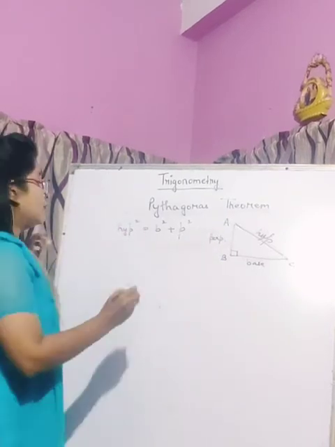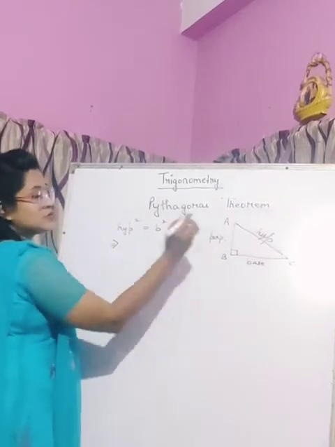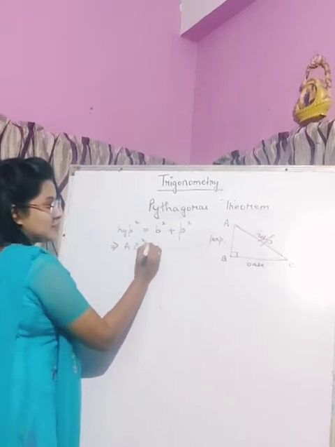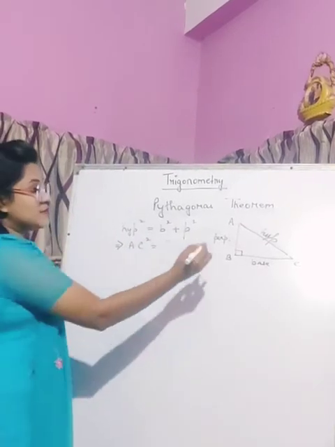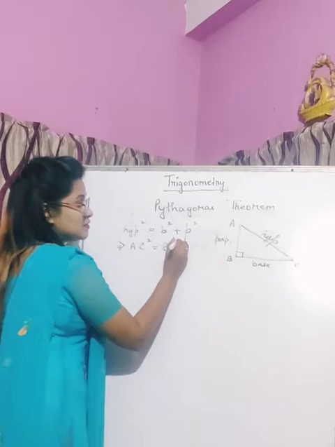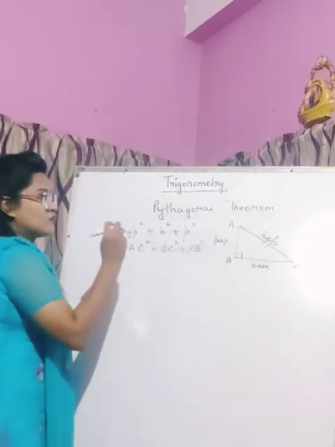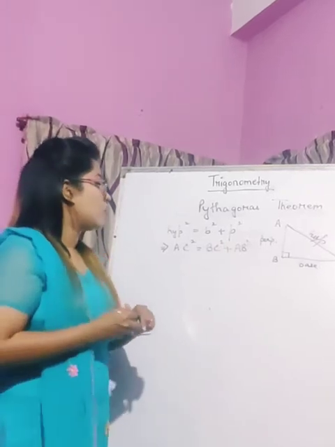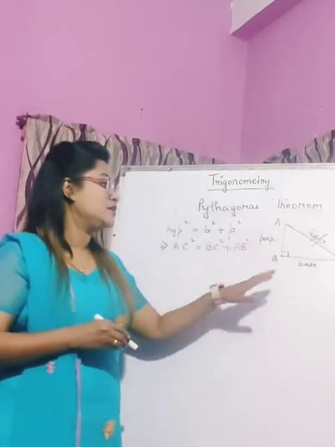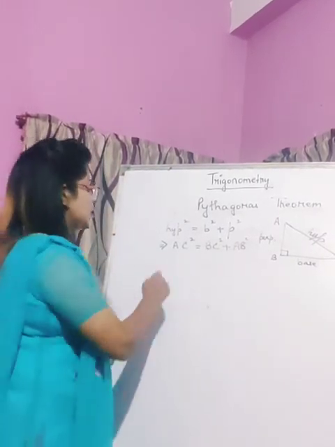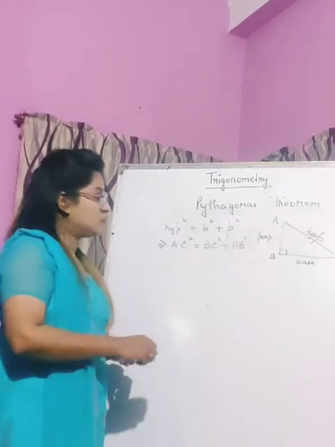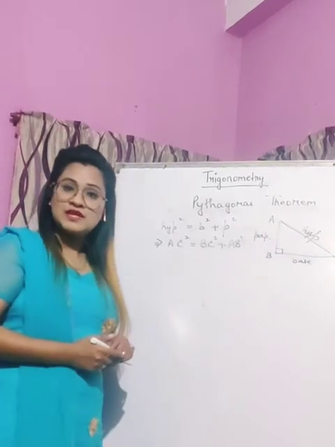According to this diagram, the hypotenuse is AC, the base is BC, and the perpendicular is AB. So for triangle ABC, right angled at B, AC square is equal to BC square plus AB square.